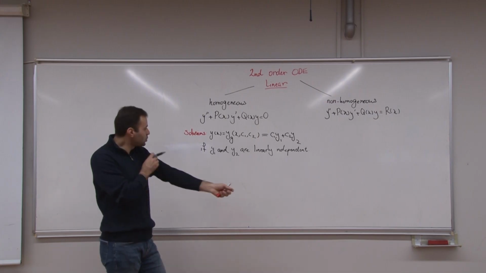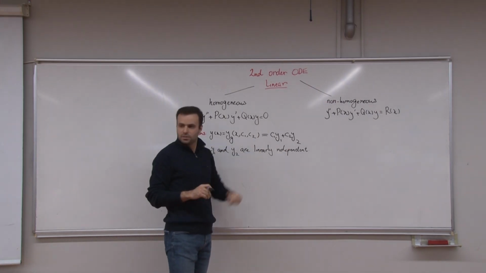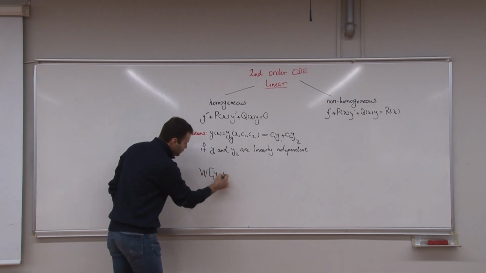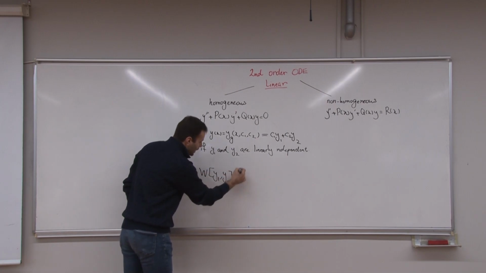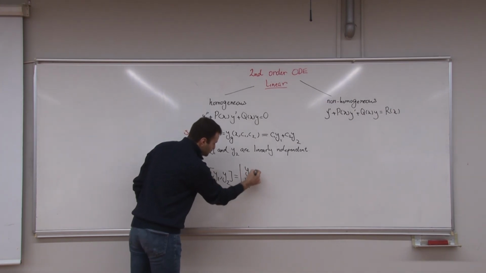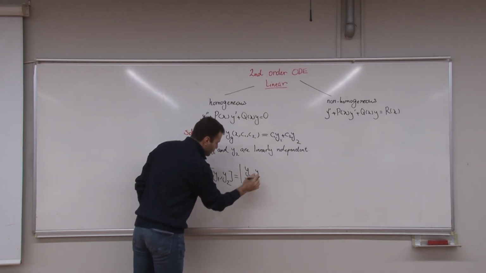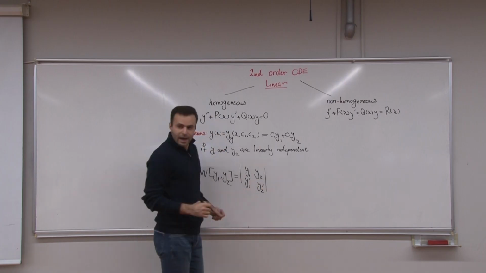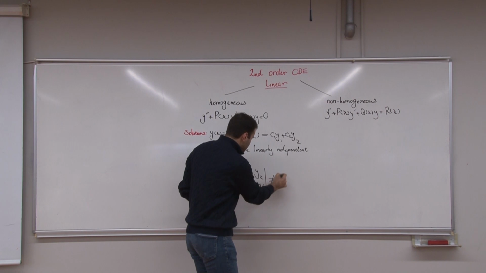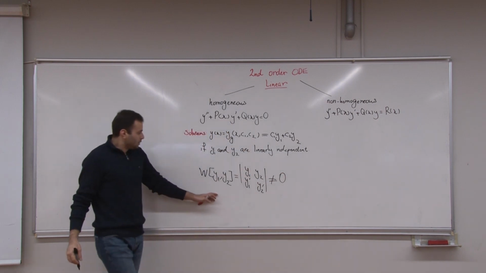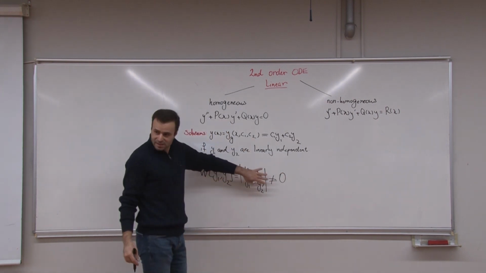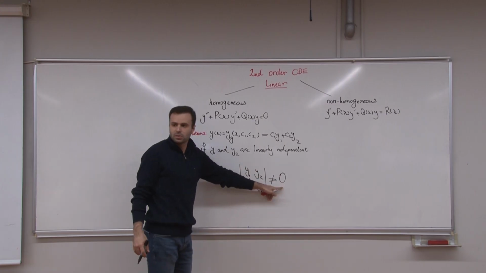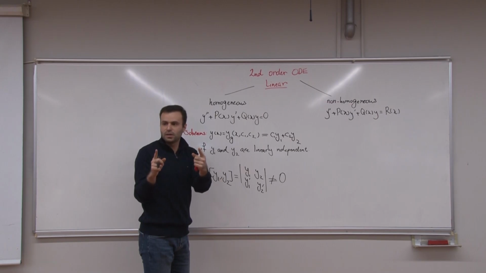Another way was to calculate the Wronskian of y1 and y2, which we defined as this determinant: y1, y1 prime, y2, y2 prime. And we have shown that this is going to be a function of x, and it is going to be non-zero in the domain where it is defined.